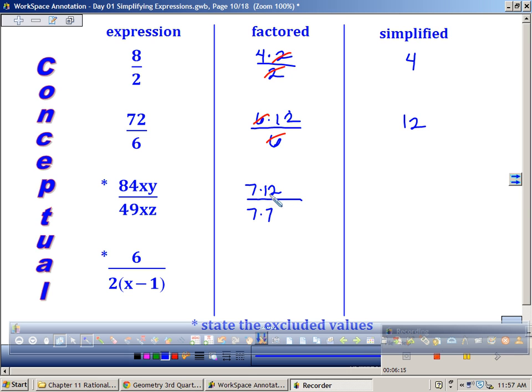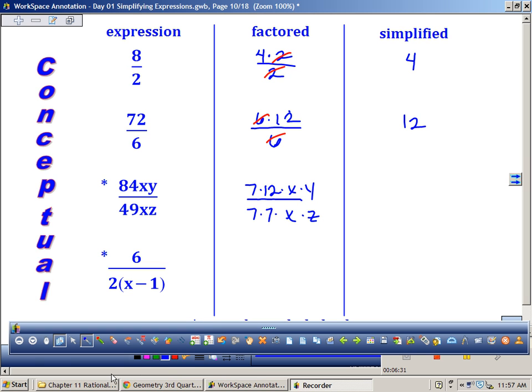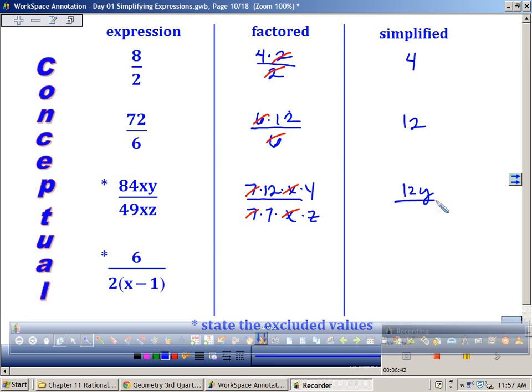I mean, you really have to look ahead and see where you're going, right? Okay. What about my variables? They kind of just stay what they are, right? Well, right, this is just the factored column, okay? So my 7's cancel, and my x's cancel, and what is remaining? Good.